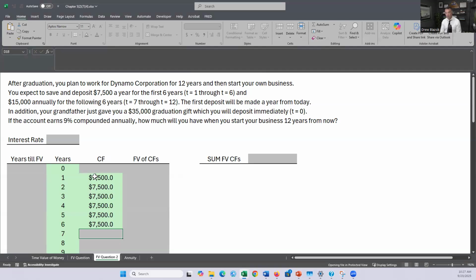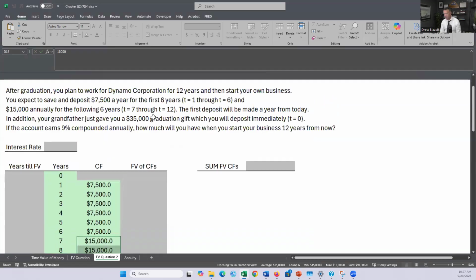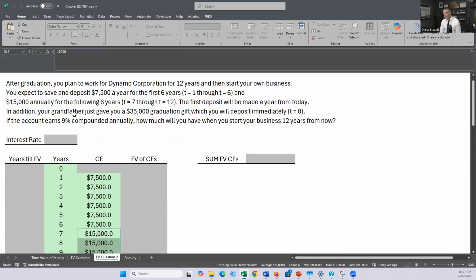Time 7 and time 12, we will have 15,000 we're saving. So I'm going to go to time 12. There's our cash flows. In addition, your grandfather just gave you a 35,000 graduation gift, which you will deposit immediately. So that's today, the present value, 35,000.